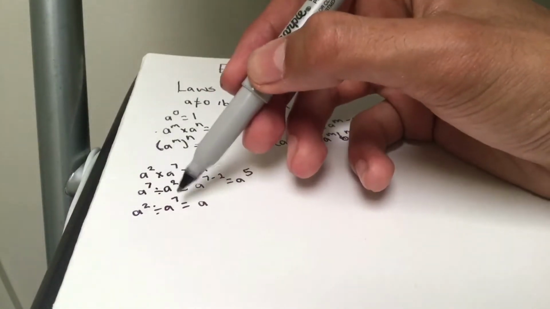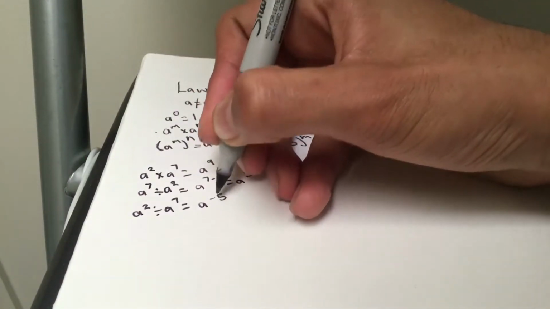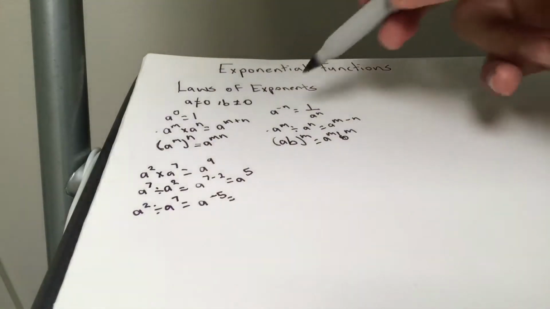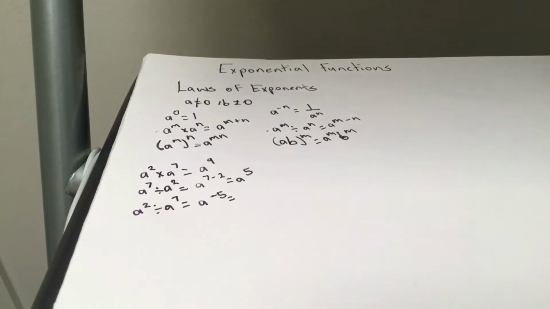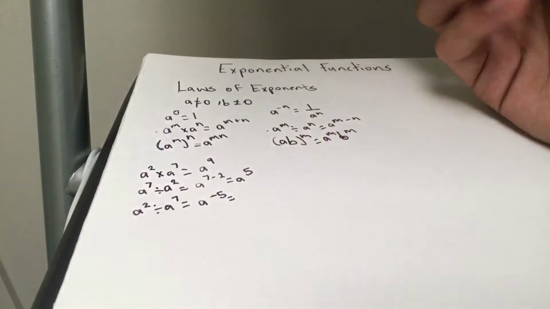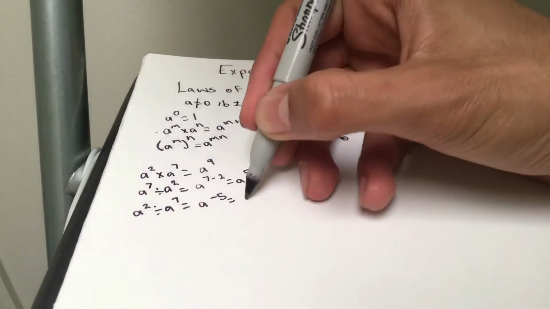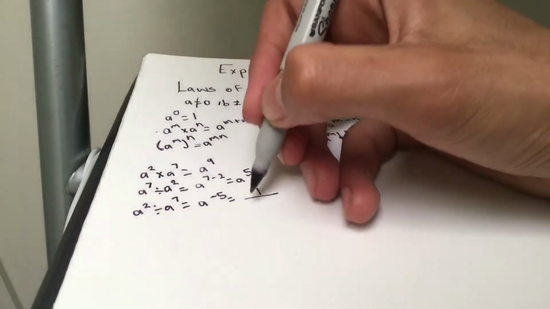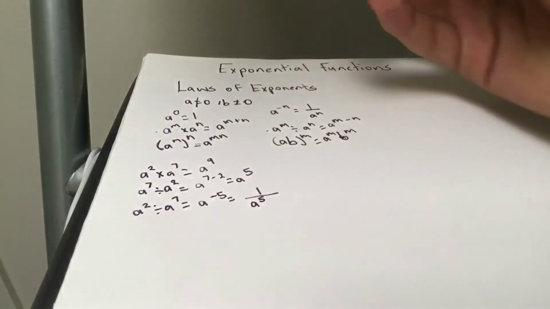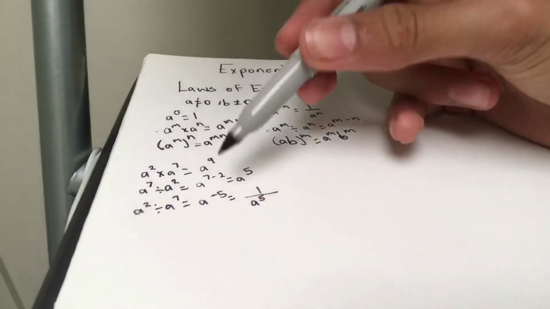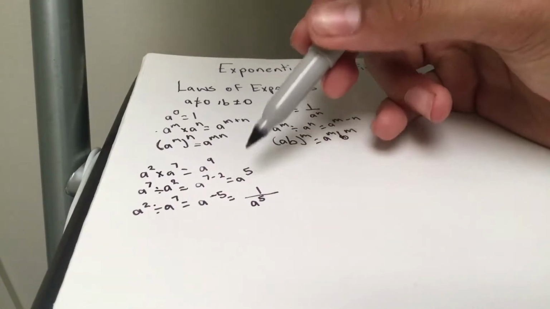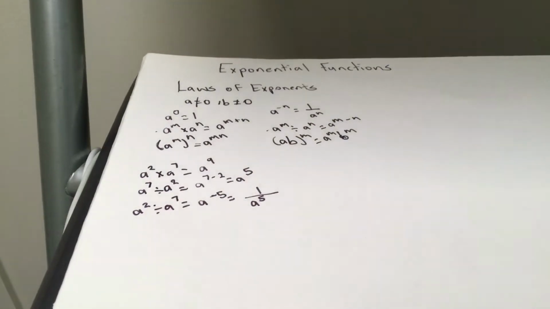So 2 minus 7, which is minus 5. And now this time we're going to use this rule right here, because we have a negative exponent. So it's going to be 1 over A to the power of 5.